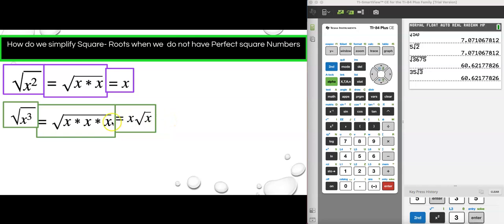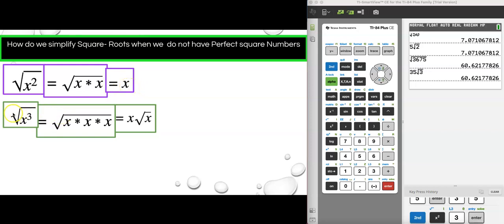Are you guys noticing a little pattern here? Hopefully you are. If you're pulling numbers out in pairs, it's almost like dividing by 2. Because this index number is 2, 2 divided by 2 is 1, so that lets me know that I can pull out 1 x.